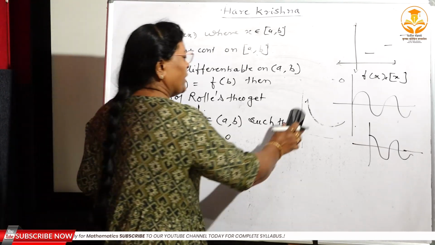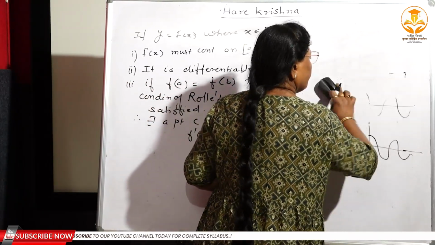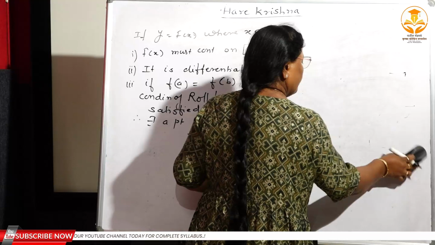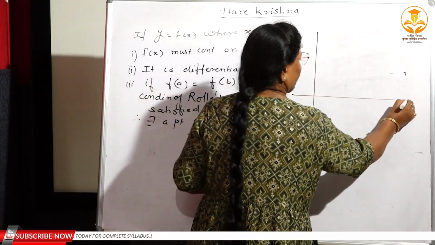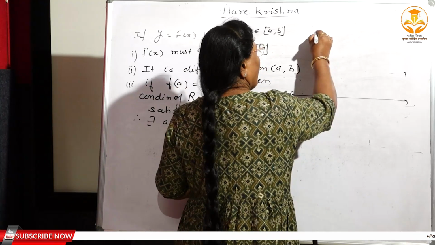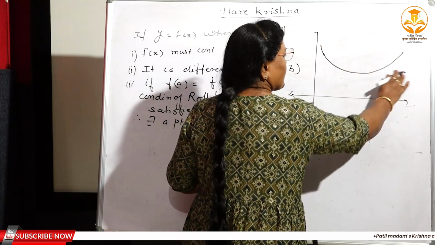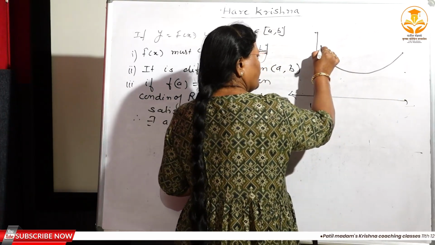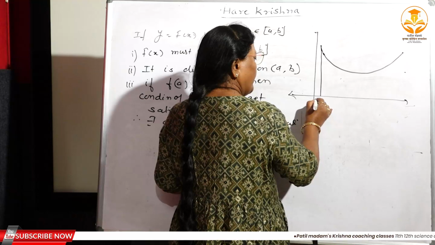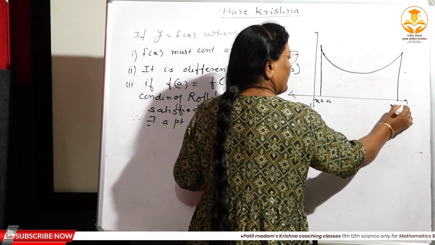Now see the geometrical interpretation. Suppose y is equal to any function and whose graph is like this, isn't it? Now this is bounded in a closed interval a comma b, x is equal to a to x is equal to b.